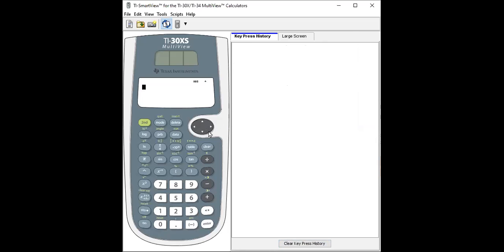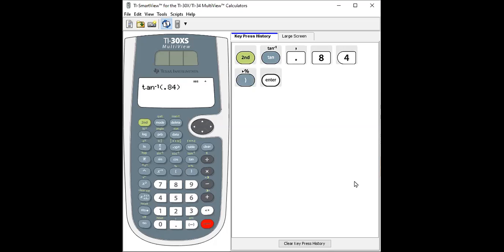Inverse tangent. We don't know the angle. We're trying to find the angle, not the side length. So that's when we're going to use the inverse function. So second, inverse tangent of 0.84. And that is an angle of about 40 degrees.